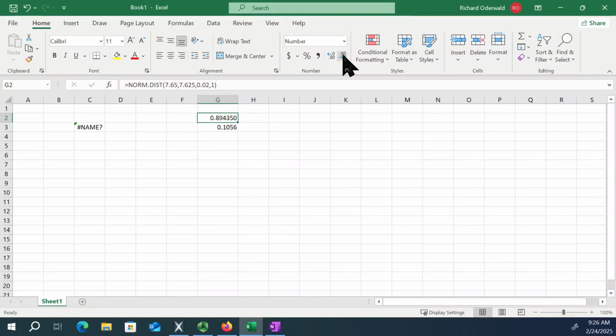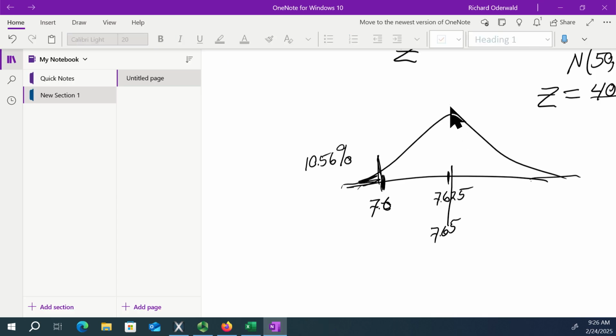So this 7.625 is in the middle. 7.65 is a little above the middle. And to the left of 7.65 is 89.4% of the distribution. So we've got here, this is 89.4, was it?